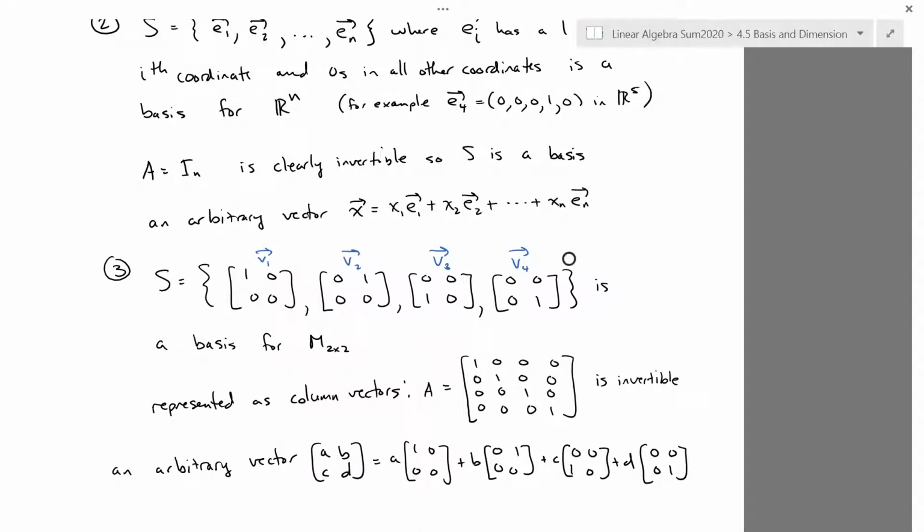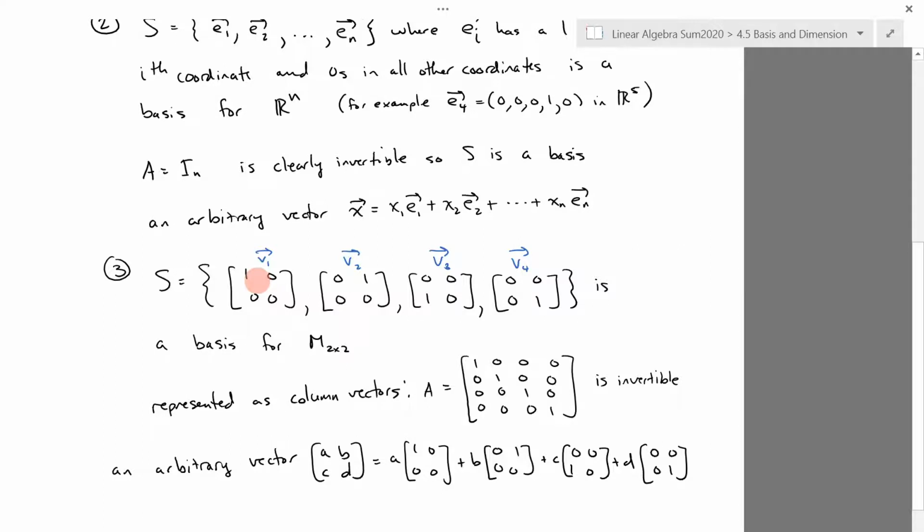Okay, so continuing on here, now we look at the vector space of 2x2 matrices. So this vector space has 4 basis vectors, and so now the basis vectors are 2x2 matrices, but essentially they're set up in the same way, right?